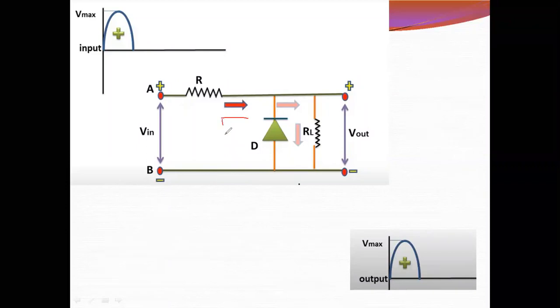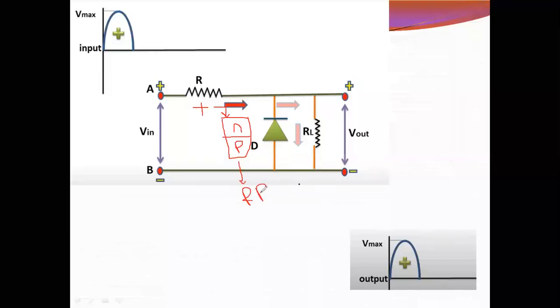When you want to understand the operation of any circuit, please imagine the diode in this direction: the straight line represents N, the triangle represents P. When I apply positive to this N, automatically it becomes reverse bias. When positive is connected to N, the diode becomes reverse bias.